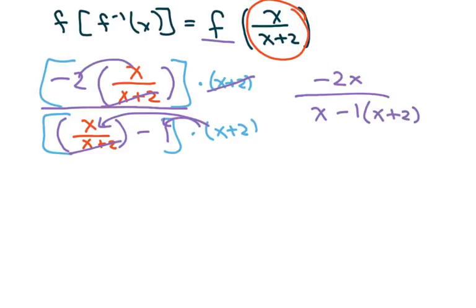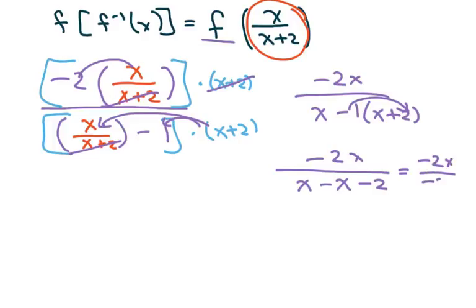So that's negative 2x over x minus x minus 2. I almost didn't distribute my negative there. Okay, so I have negative 2x over negative 2. That cancels, and you're left with x, which is what we wanted.